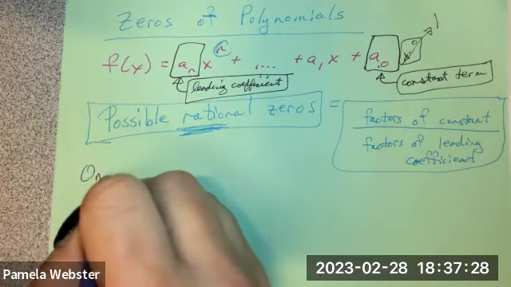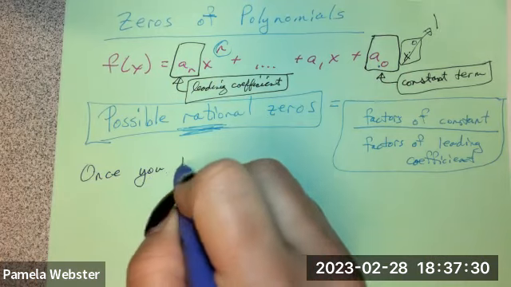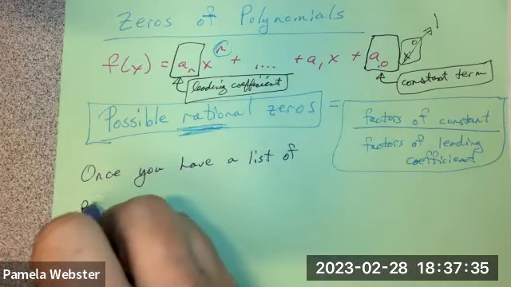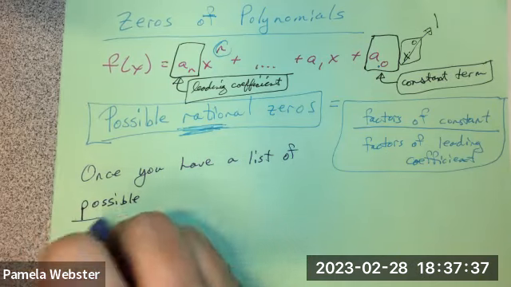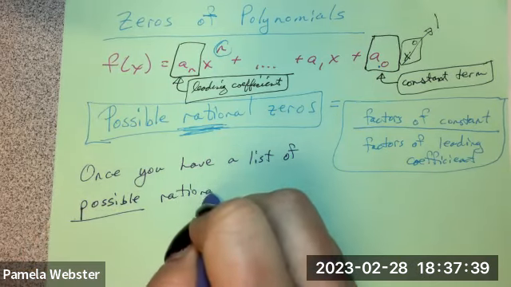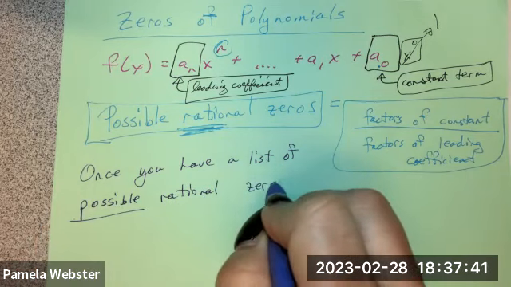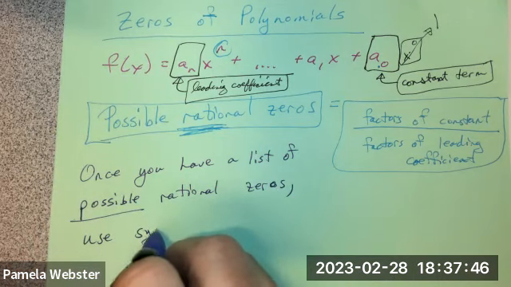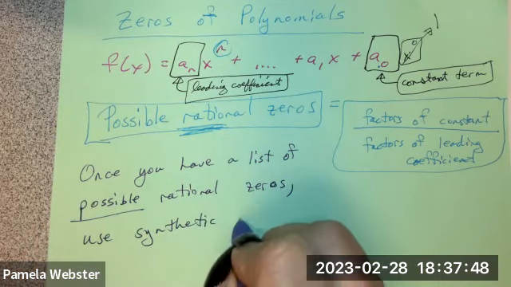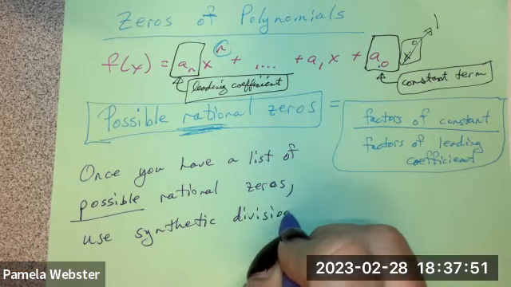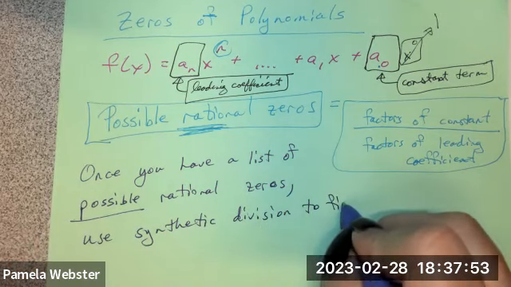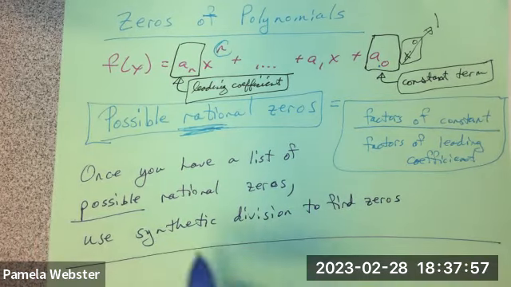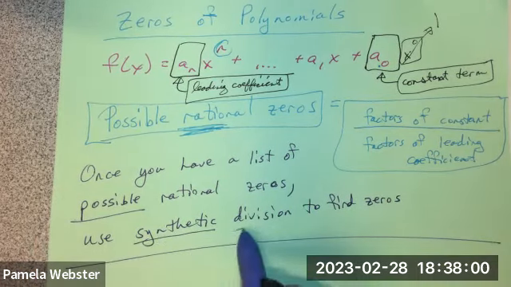And then this will give me a list. Once you have a list of possible rational zeros, what you're going to do is use synthetic division to find out which ones are zeros, or whatever other technique I have, but normally for us, it's going to end up being synthetic division.